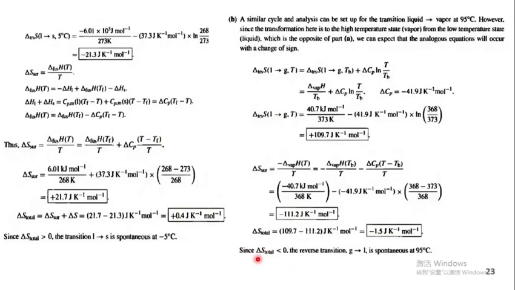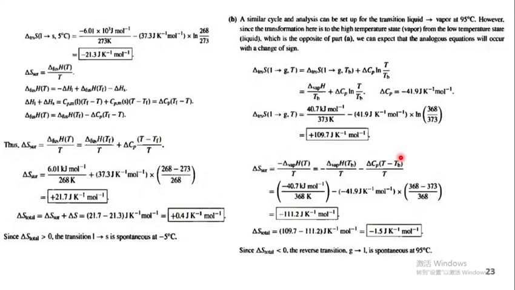Since in this process delta S is less than 0, it means this process is not spontaneous. Which process? In the beginning, the process we said is from liquid water transformed to vapor at 95 degrees.